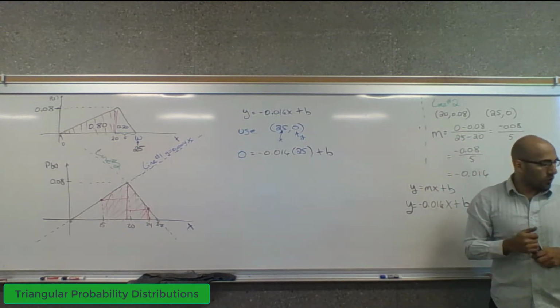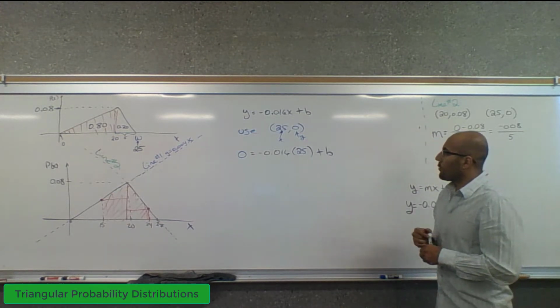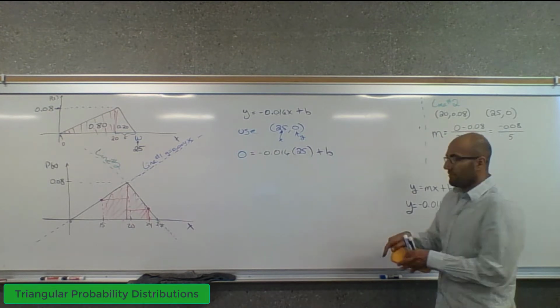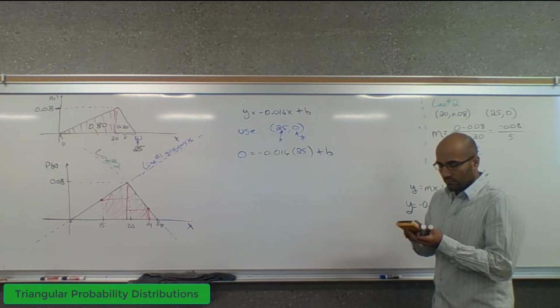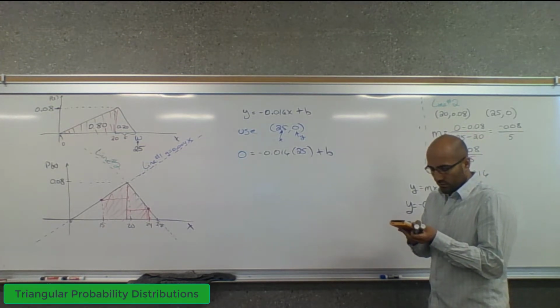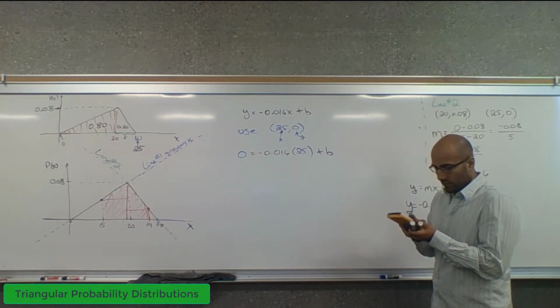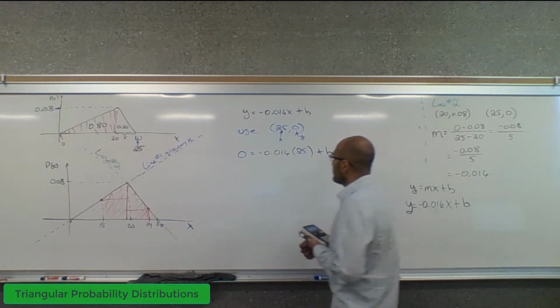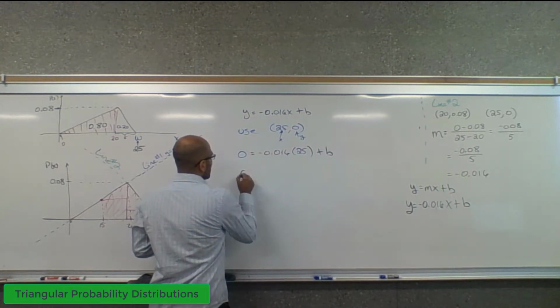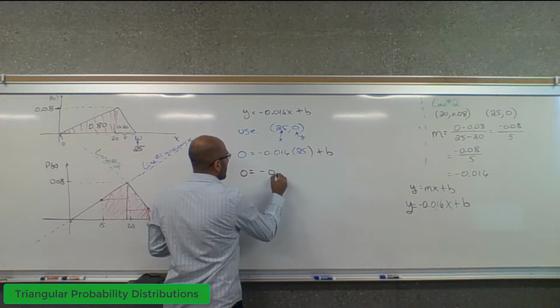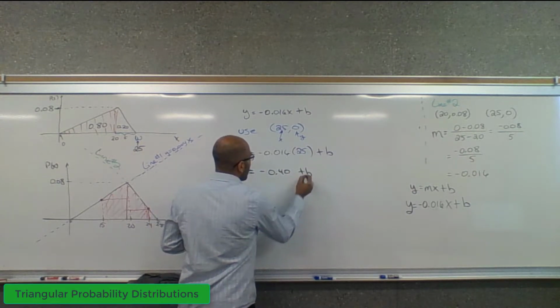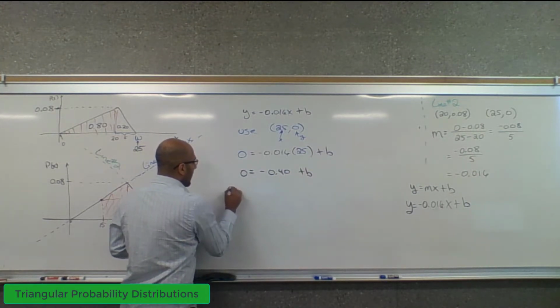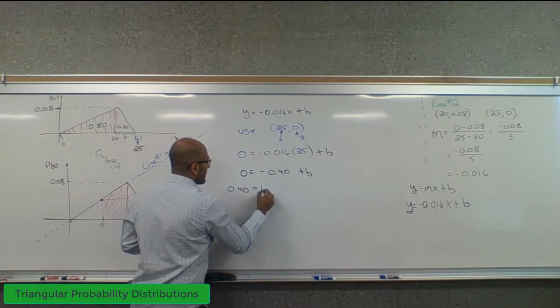Okay, so 0.016 times 25, so it's negative 0.4. So 0 equals negative 0.40 plus b. So when I move it over, I get a positive 0.40 equals b.